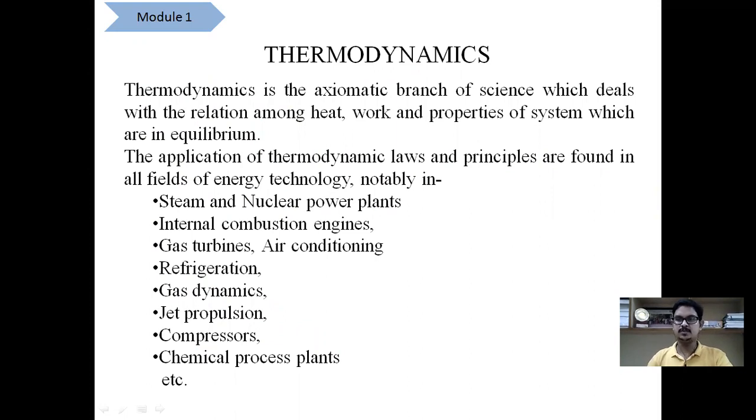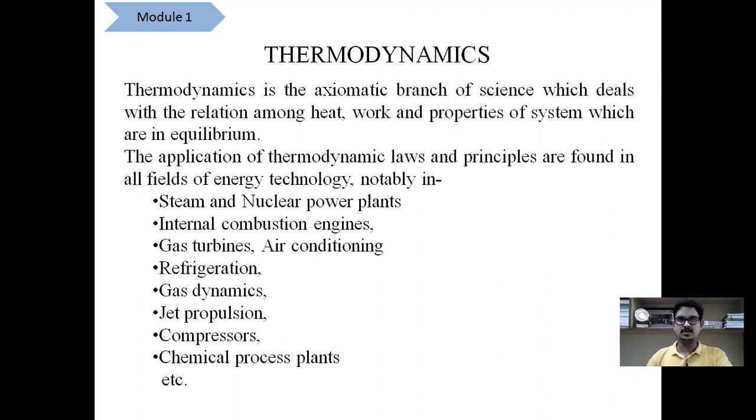So actually thermodynamics is an axiomatic branch of science which deals with the relation of heat, work and properties of systems which are under equilibrium condition. So this branch is an axiomatic branch of science. Axiomatic means self-evident.